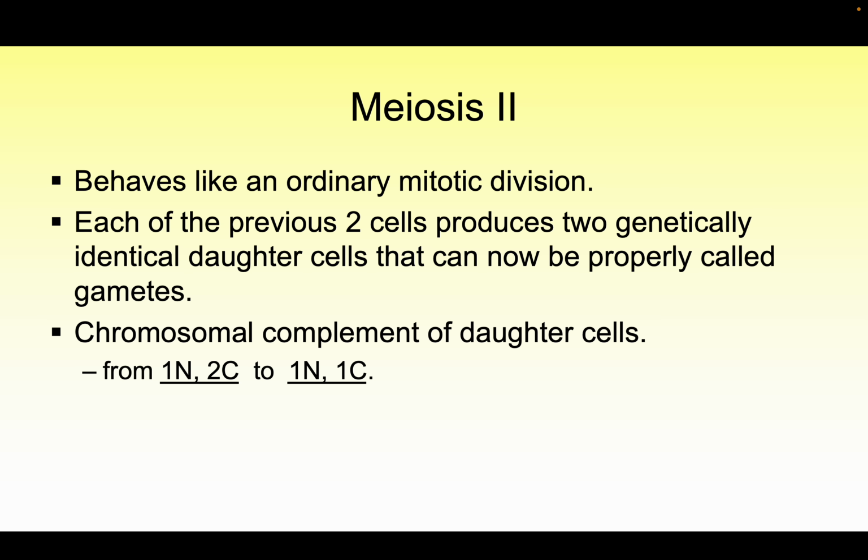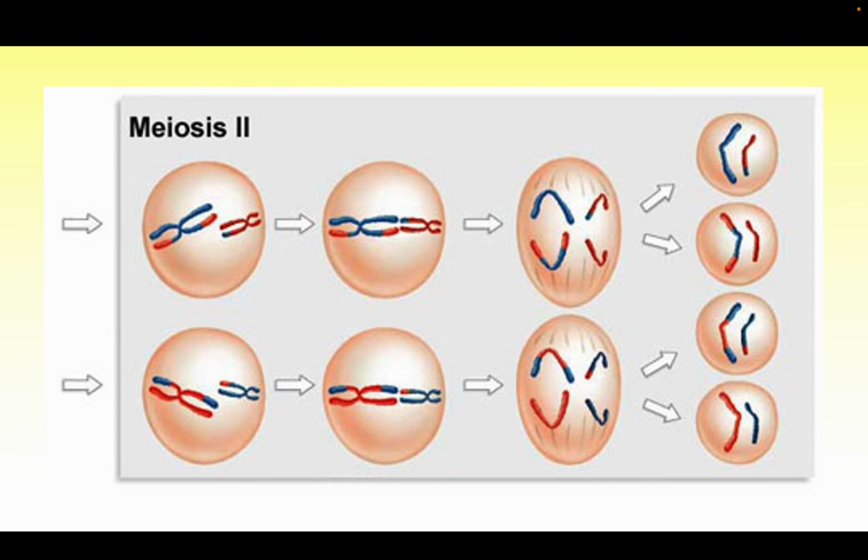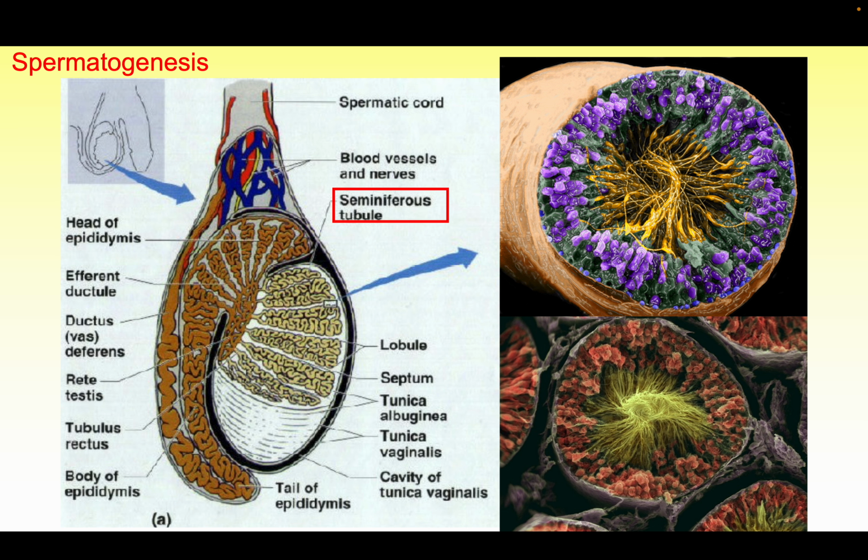The chromosomal complement of the daughter cells after meiosis 2 will be converted to 1N 1C from 1N 2C. Okay, the next two slides are just illustrations of meiosis 1 and meiosis 2. Right, so now let's take a look at the processes of spermatogenesis and oogenesis.